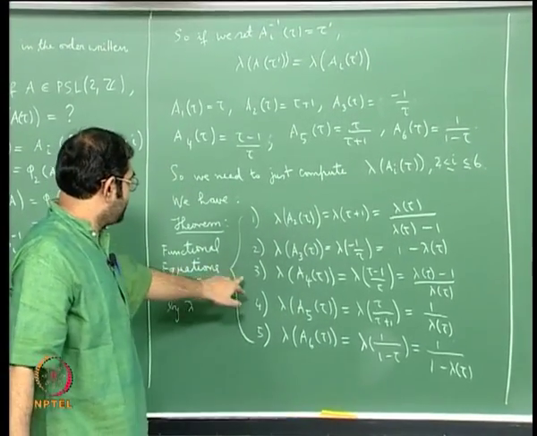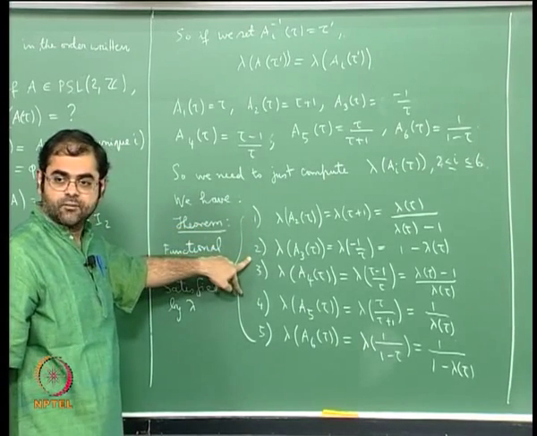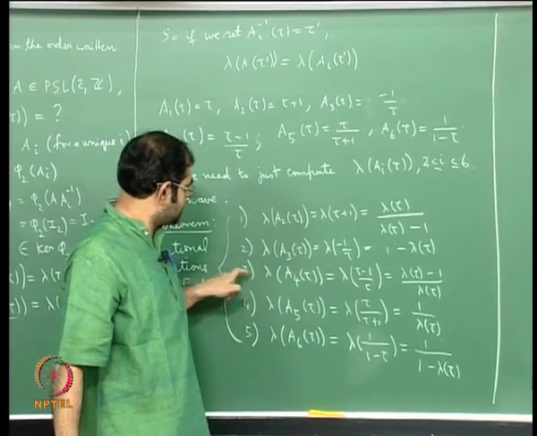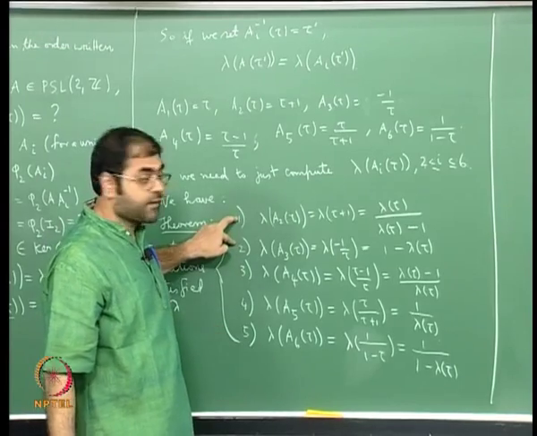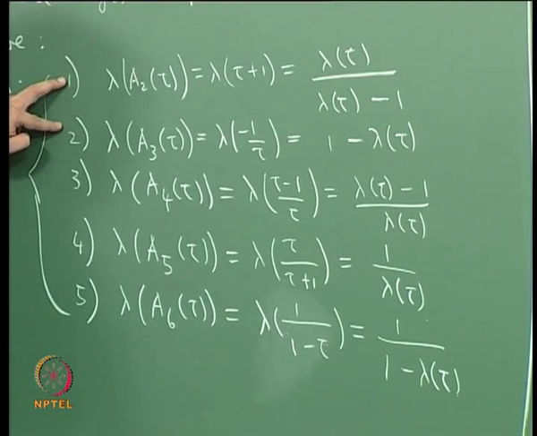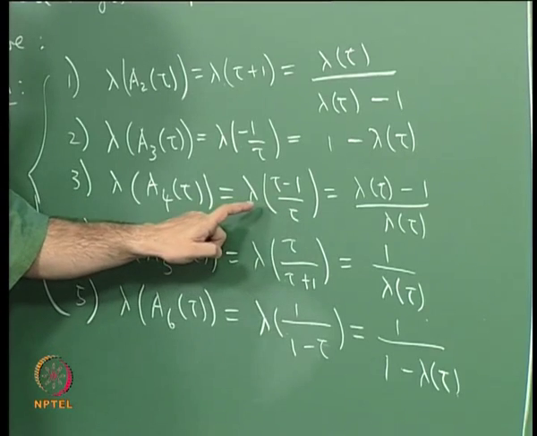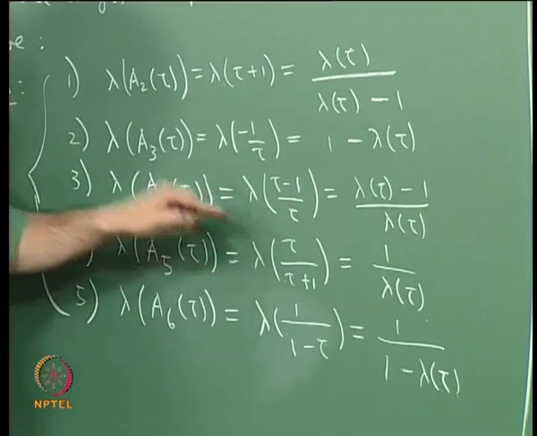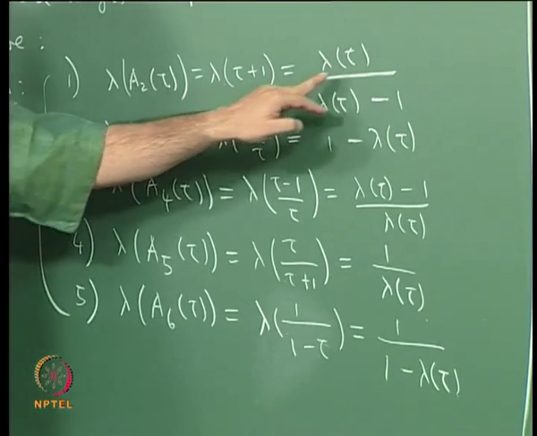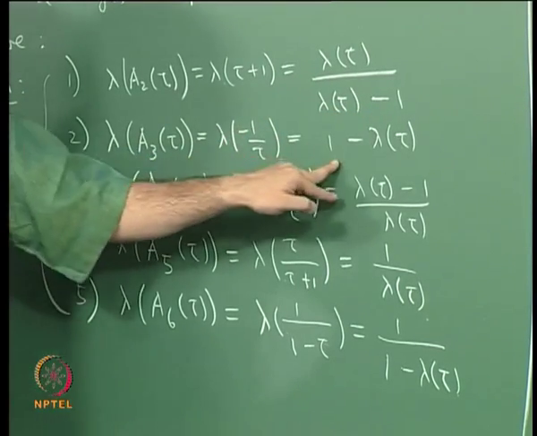The fact is that we only need to prove 1 and 2, because the others, 3, 4 and 5, can be deduced from 1 and 2. Lambda of tau minus 1 by tau is lambda of 1 minus 1 by tau, so it is lambda of minus tau plus 1 minus 1 by tau plus 1, so it will be lambda of minus 1 by tau by lambda of minus 1 by tau minus 1, and then you use lambda of minus 1 by tau is 1 minus lambda tau.